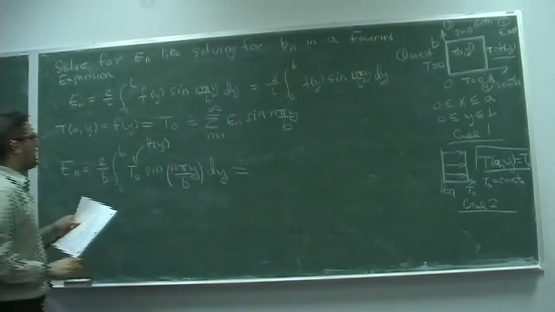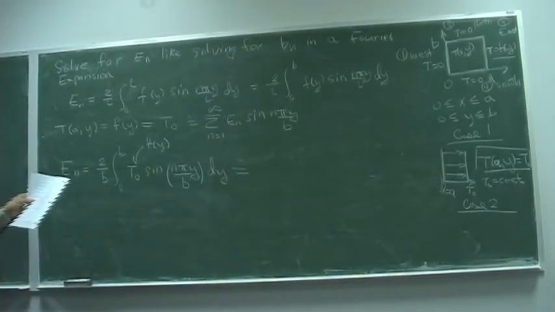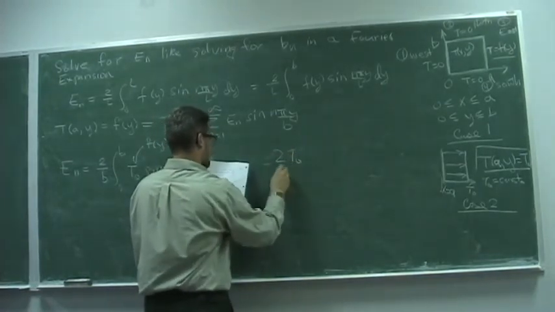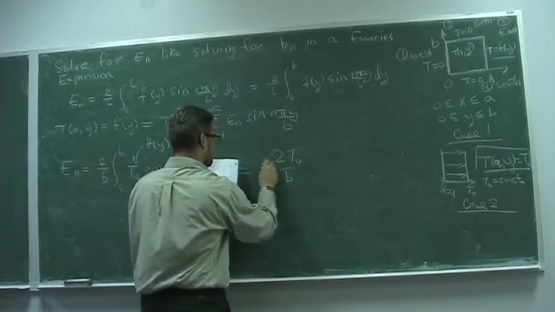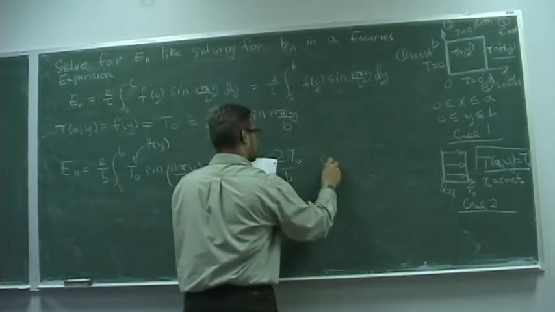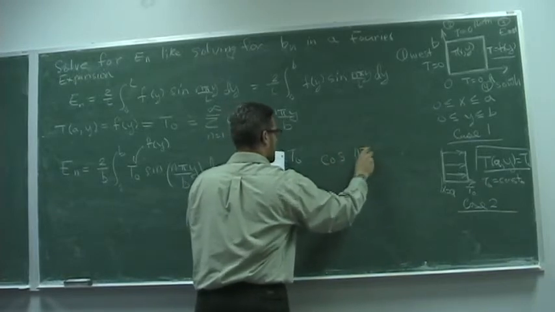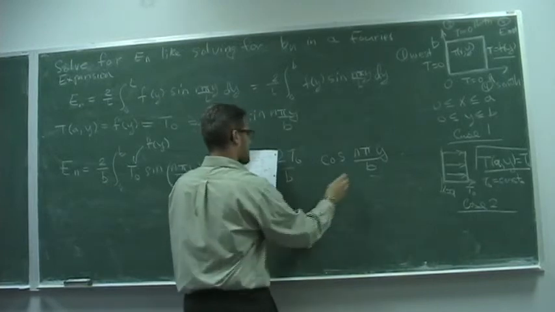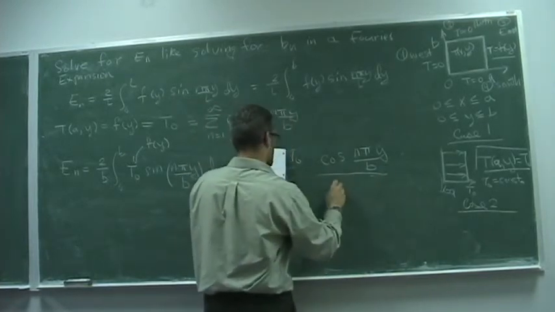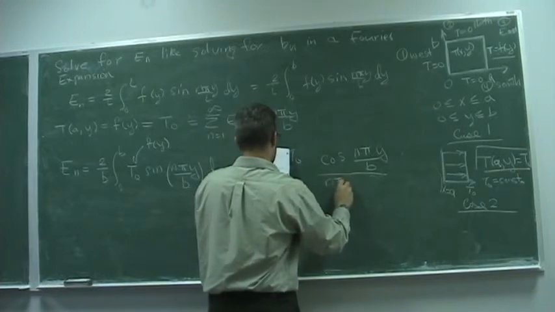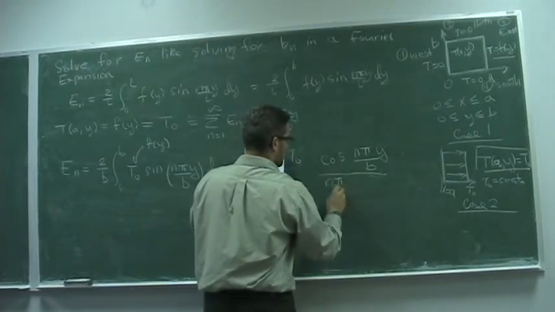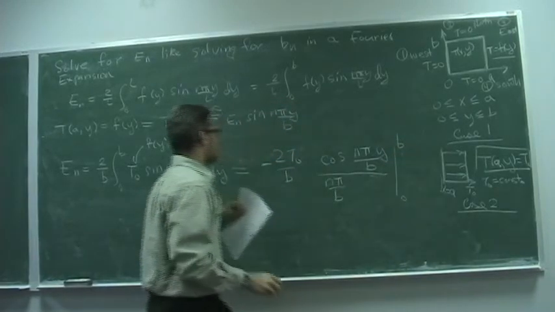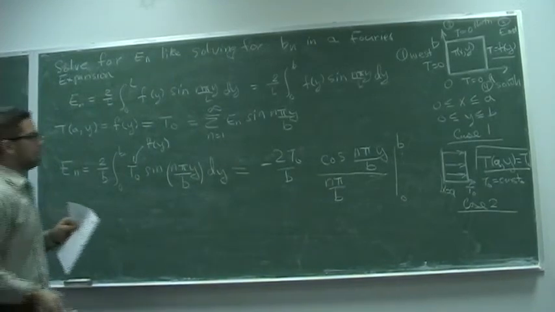So when we solve, we're going to get minus 2 T0 over b, cosine n pi y over b, and this whole thing is over n pi over b, evaluated from 0 to b. So I took the integral there.